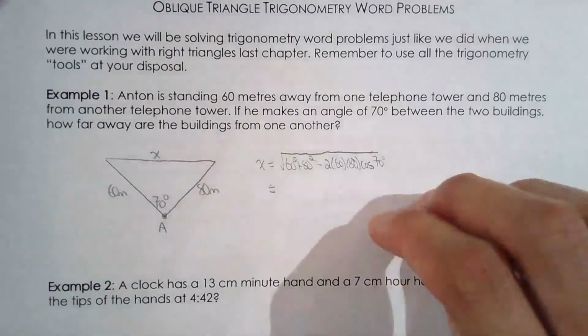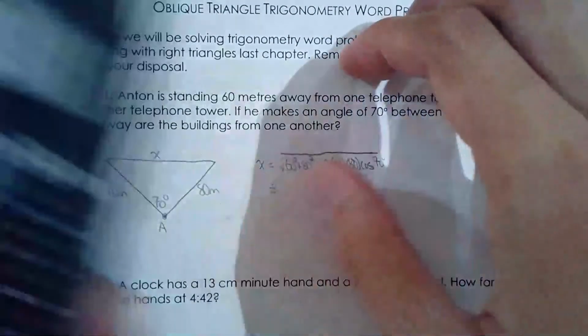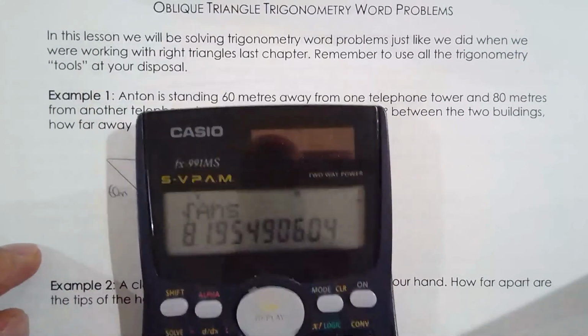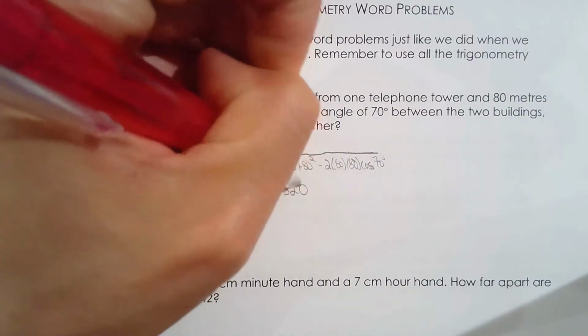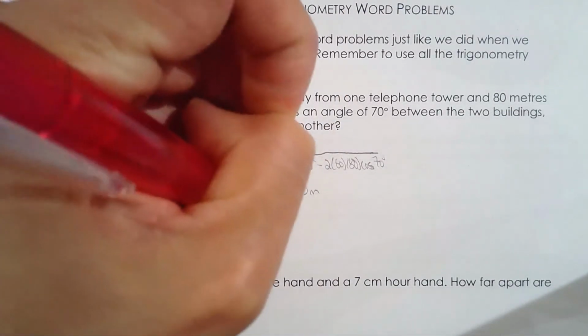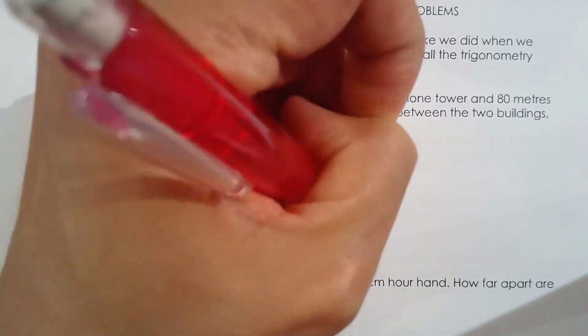So x is approximately about 81, let's say 82. Okay, 82 meters. So therefore, the two buildings are approximately 82 meters apart.